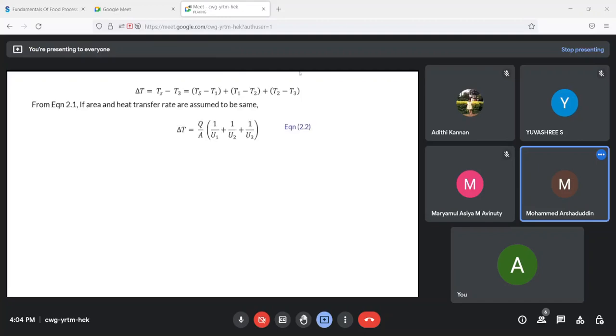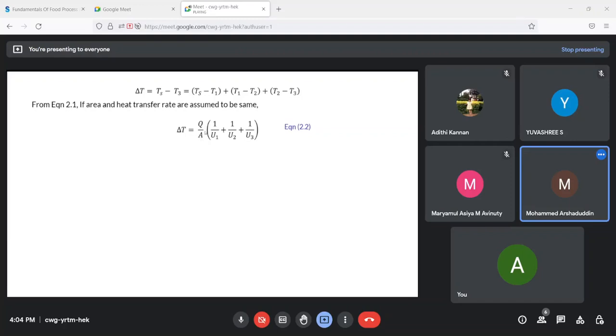If we consider from equation 2.1 that the area and heat transfer rate are the same, since Q is equal to U into A into delta T, delta T will be Q by A times 1 by U1 plus 1 by U2 plus 1 by U3, because I'm considering all three effects. Is this understandable?